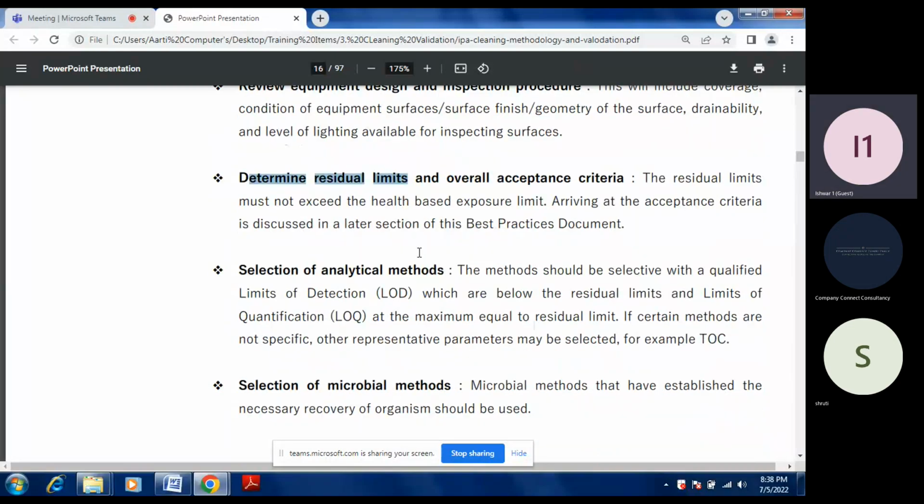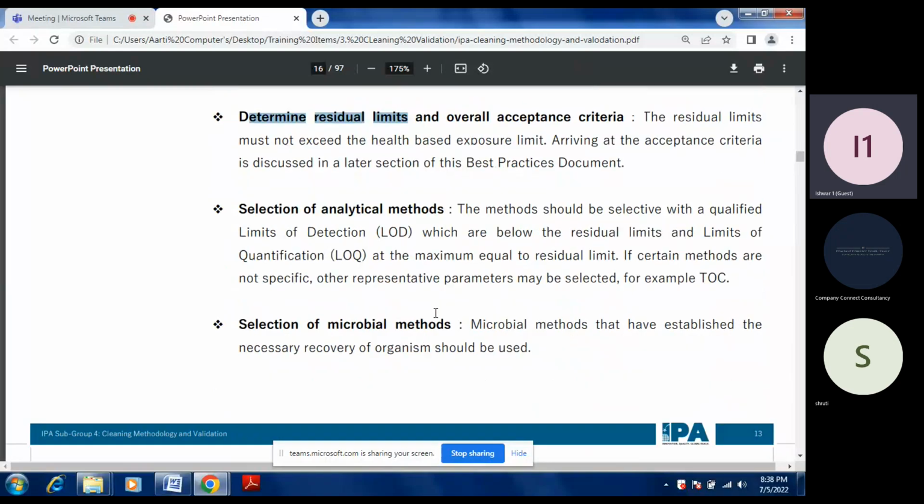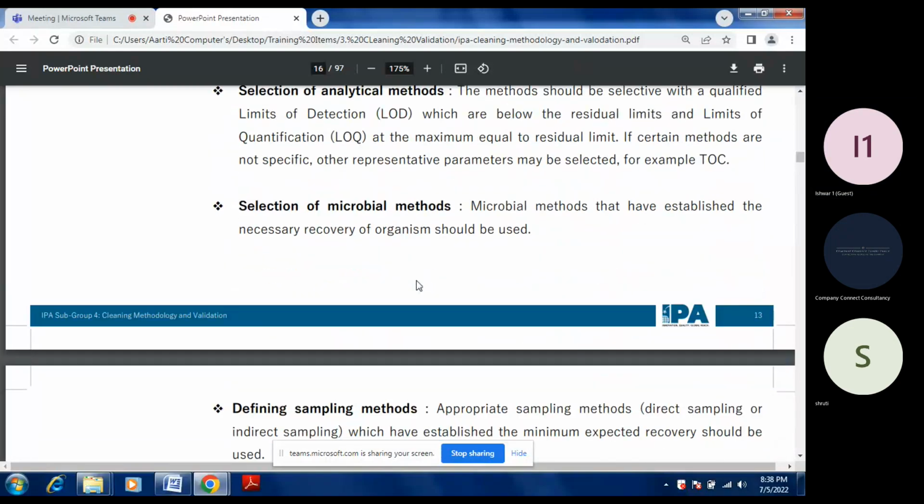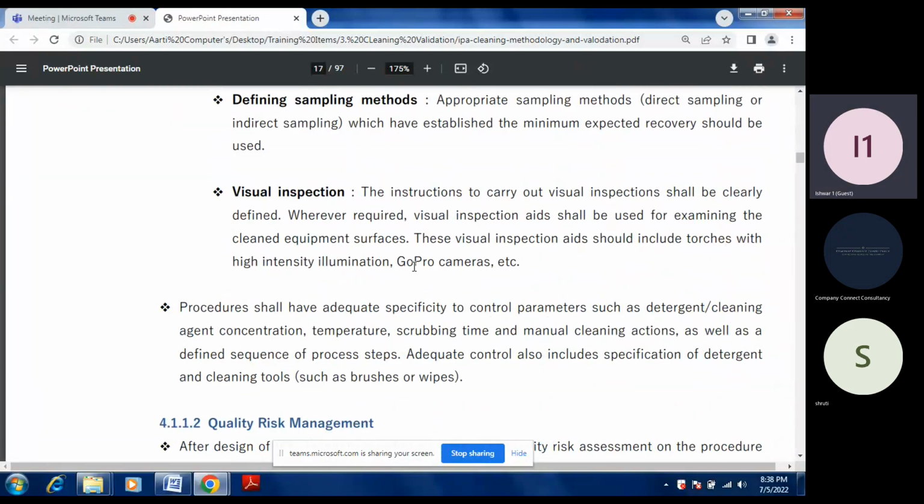Then selection of the analytical method, selection of the microbiological method, and defining the sampling method. An appropriate sampling method, direct or indirect sampling, for which the minimum acceptable recovery has been established, should be used.